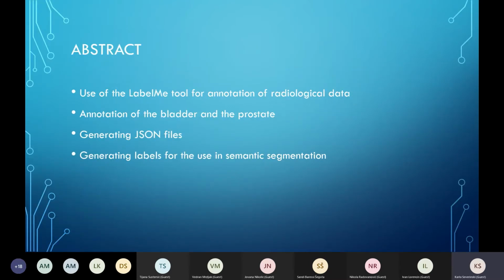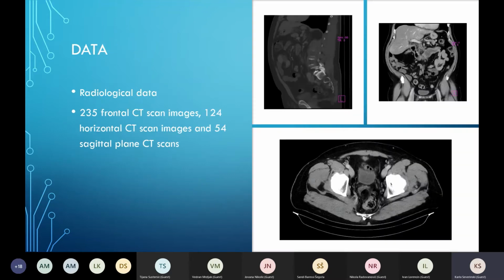Basically, in short, we wanted to use LabelMe for the annotation of radiological data. We want to do the annotations of bladder and prostate and generate these JSON files from which we can later get the masks that we need for use in semantic segmentation and other forms of CNN.